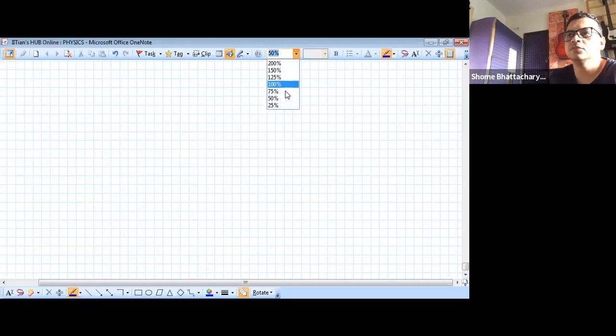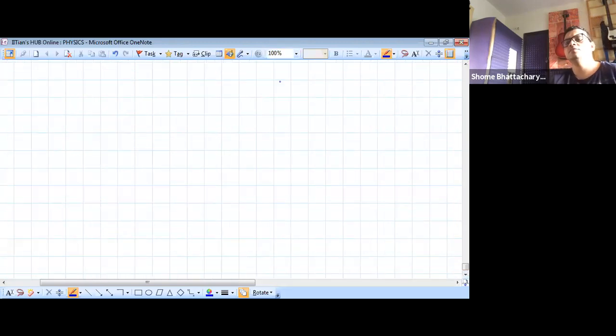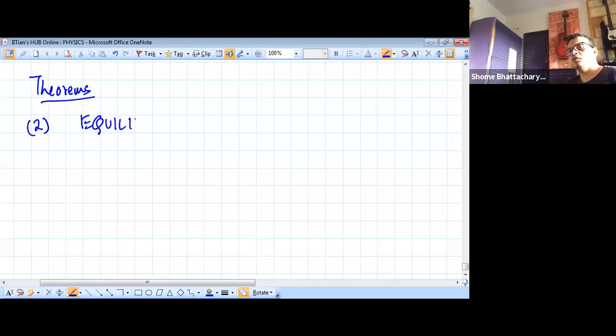So that's this theorem. And now the final thing for today is the next theorem: equilibrium of three forces, or it is also called Lami's theorem.